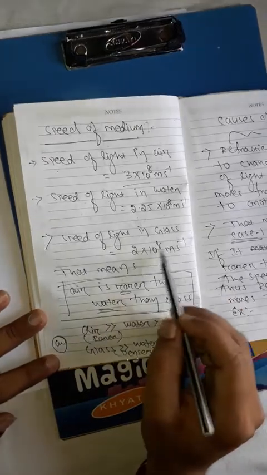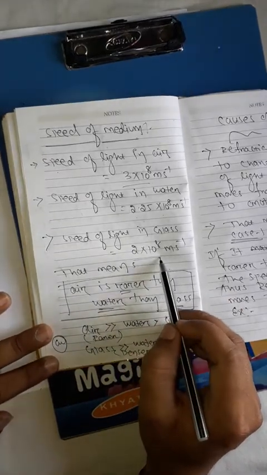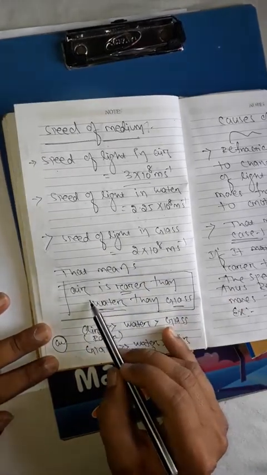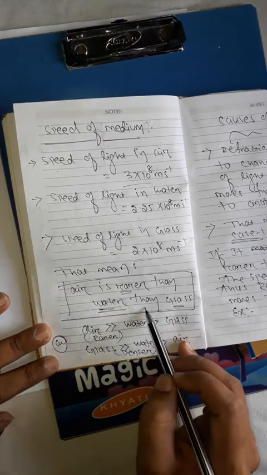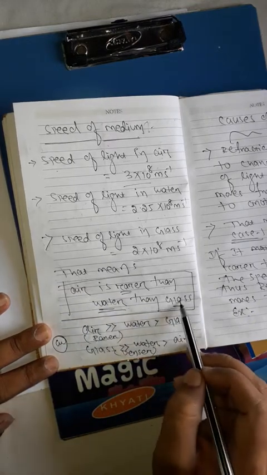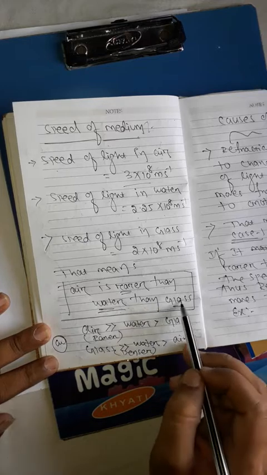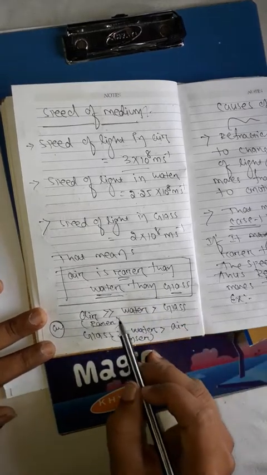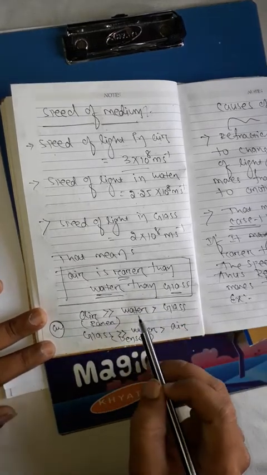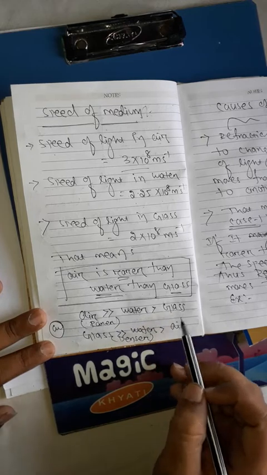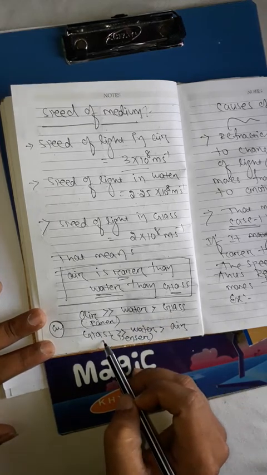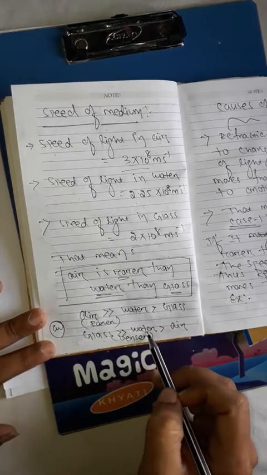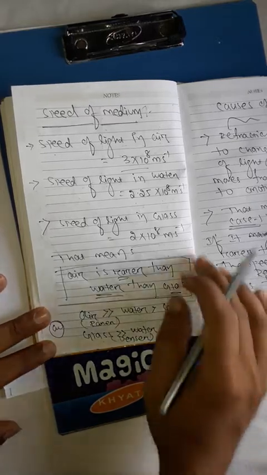The speed of light in glass is 2 x 10^8 meters per second. This means air is rarer than water, and water is rarer than glass. Glass is much more dense than water, and water is denser than air.